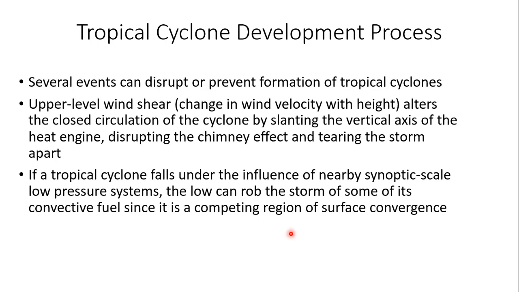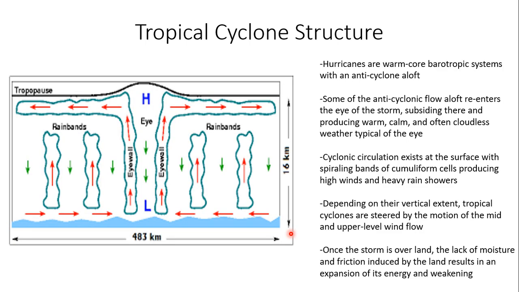Eventually what happens, wind shear is weak, and you get low pressure, low level convergence increasing, upper level divergence aloft, and you get this structure of a hurricane or tropical cyclone that looks like this, where we have sinking air motion in the eye, generally associated with clear sky and very light winds in the eye.